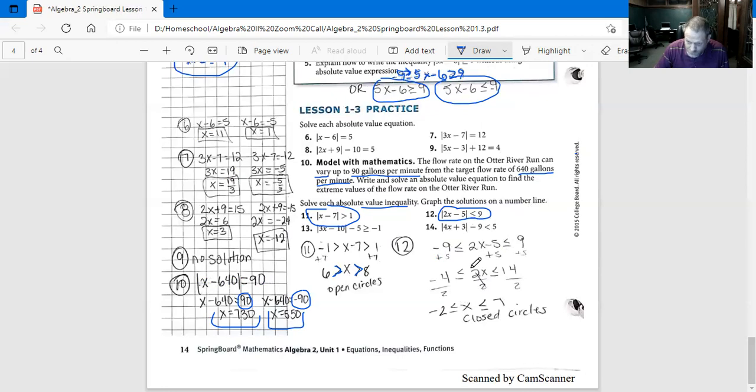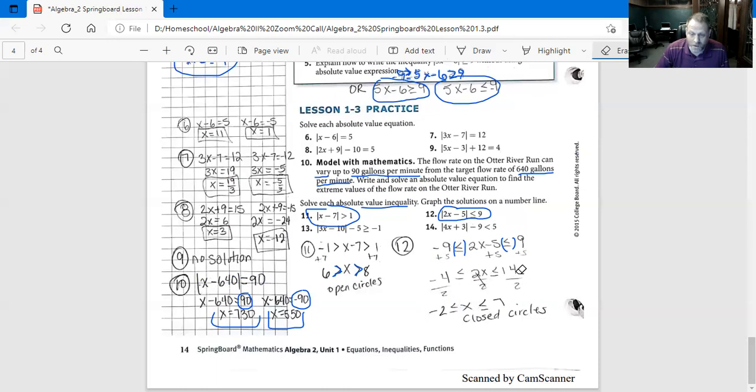So that 2 has to be gone for that x to be by itself. So divide everything by 2, 2, 2, and 2. All right, and you're going to get -2. You're going to get a 7 here. And remember, all of your signs are the same way. All right, closed circles.